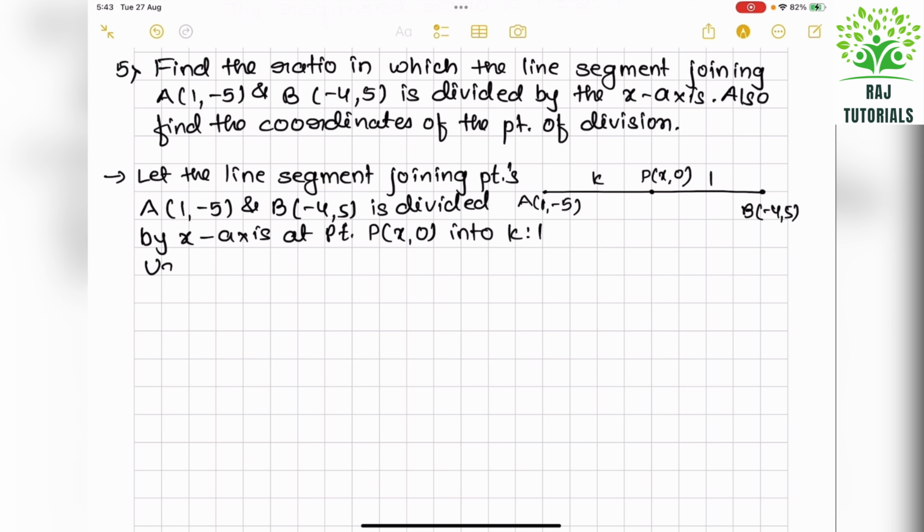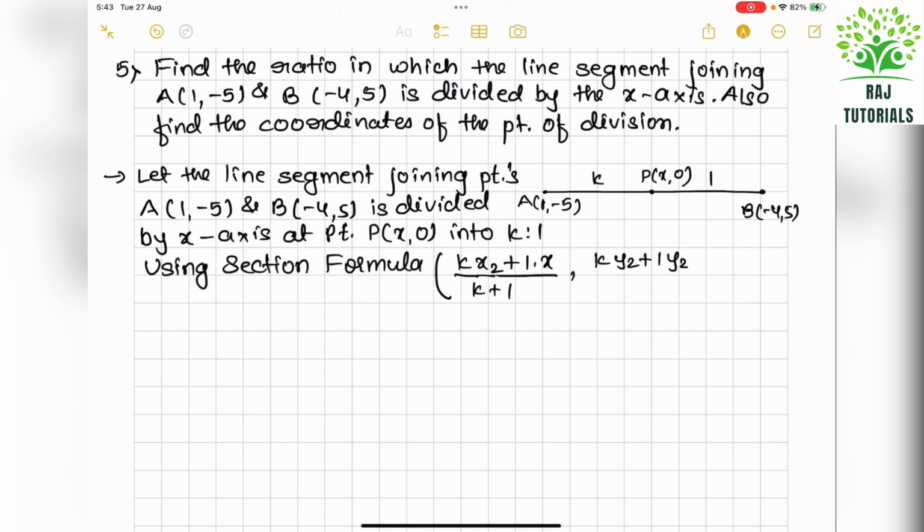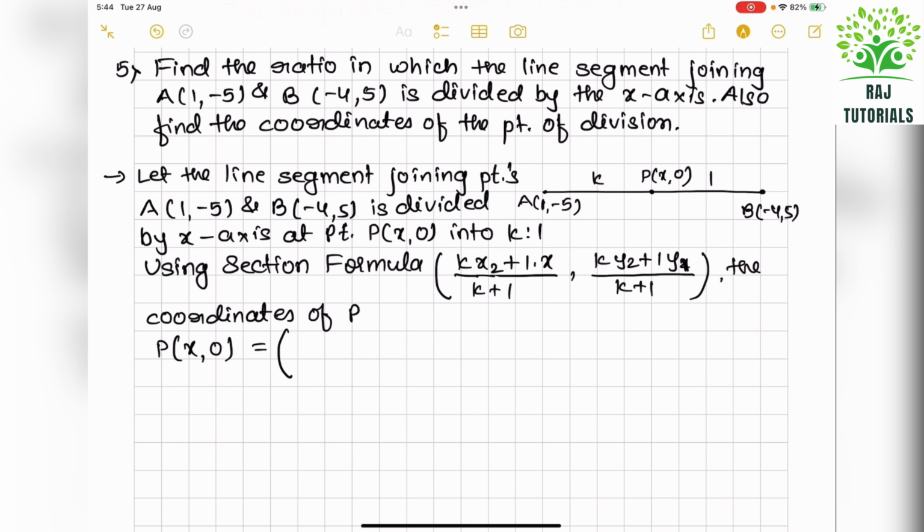So using the section formula, (kx2 plus 1x1) upon (k plus 1), comma, (ky2 plus 1y1) upon (k plus 1), the coordinates of P. So P (x, 0) will be equal to (k into minus 4 plus 1 into 1) upon (k plus 1), comma, (k into 5 plus 1 into minus 5) upon (k plus 1).